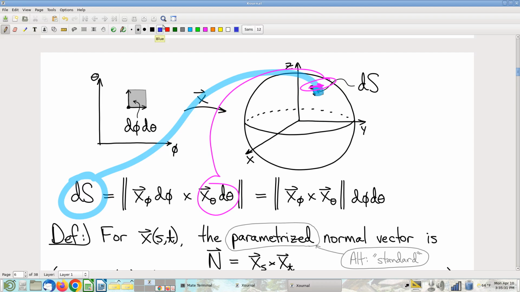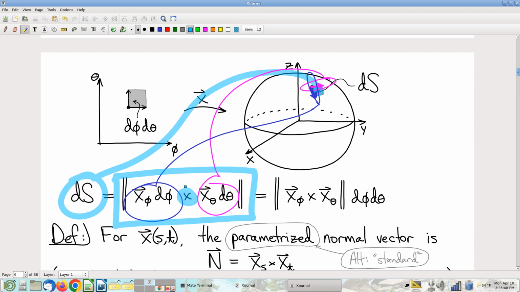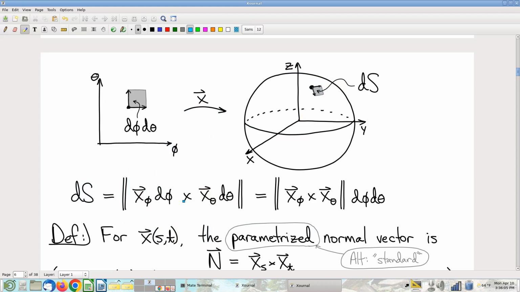This edge right here is x phi d phi. And when you know both of the little edges, the area of the parallelogram defined by those two edges is the magnitude of the cross product. Old formula from either Math 218 or Chapter 1 of this course, whichever you prefer. But that's a formula for how to compute that little piece of area ds. And with that done, we can play some little algebraic games. Remember, with cross products and magnitudes, scalars will factor right out.